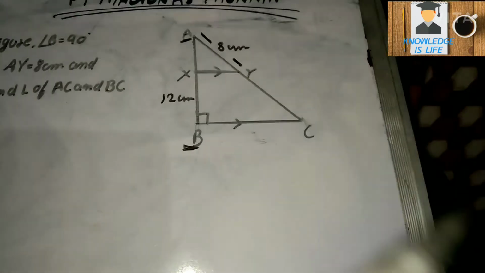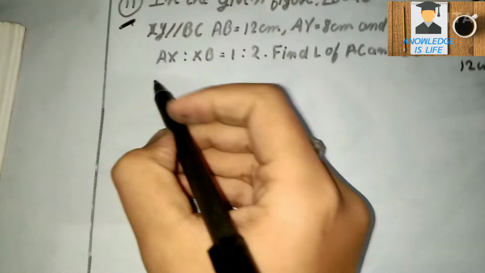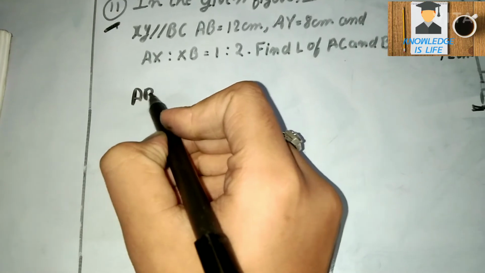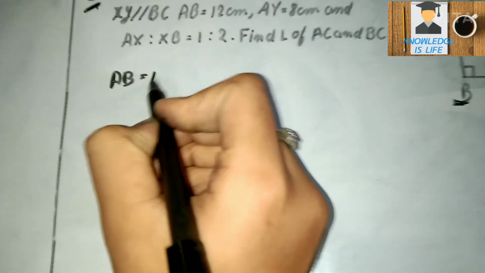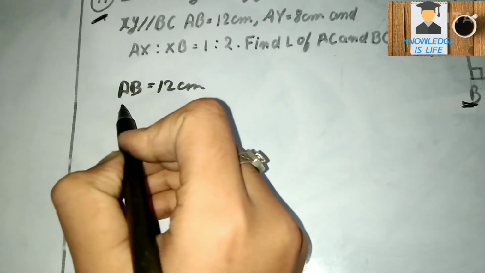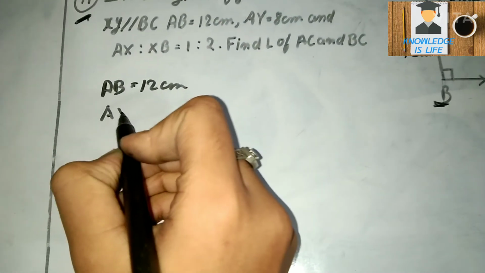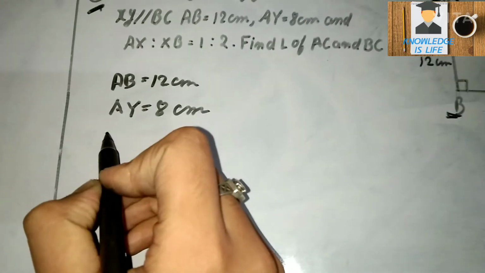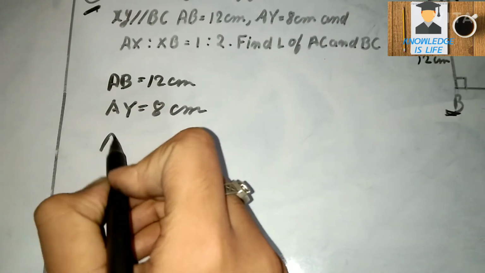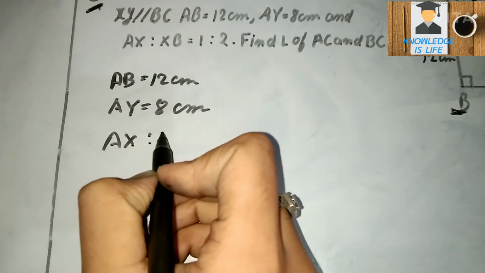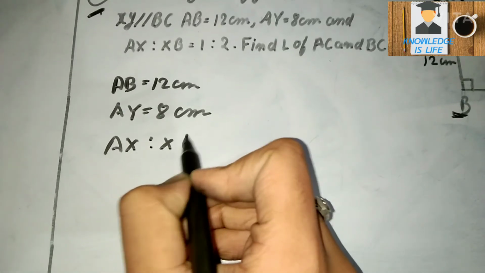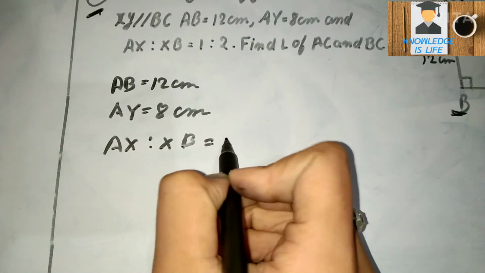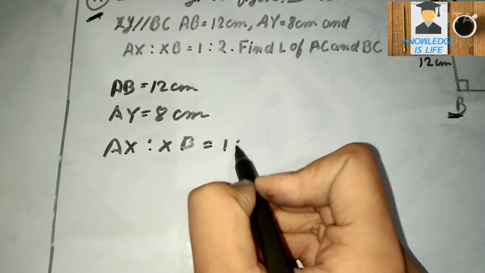Okay friends, to solve this, first we will write the given data like this: AB equals 12 centimeters, AY equals 8 centimeters, and AX to XB equals 1:2.